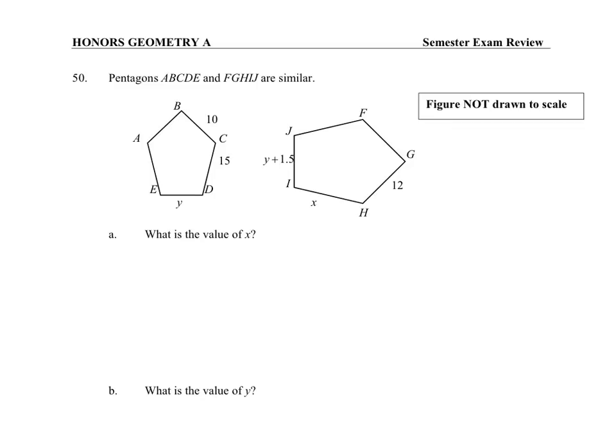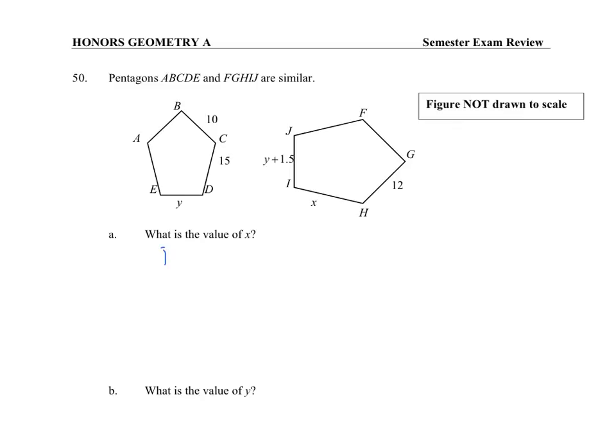So I want to find x, which deals with IH. I want that to be my only unknown. So I need two sides on here and two sides on here, one of which is IH, and therefore one that has to be DC. So we can see IH is right here, DC is right here.